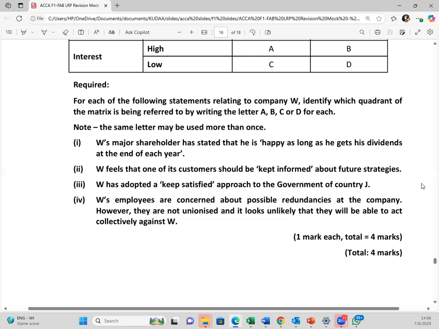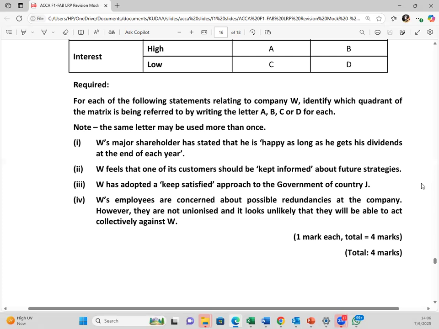He's just interested in a dividend. So since they're just interested in a dividend, it means their interest is low. They don't need a lot of things. But in terms of power, a shareholder has power. So they have high power, but low interest. So let's put them on C.